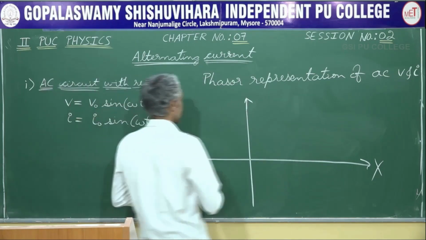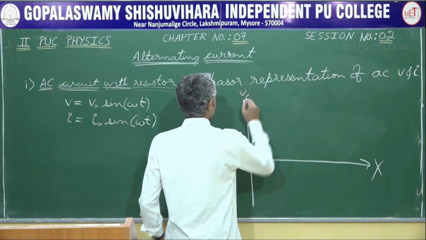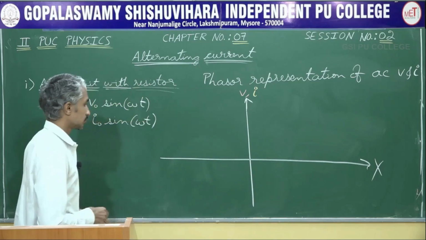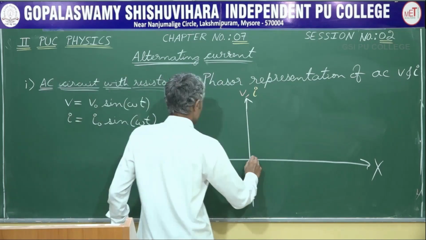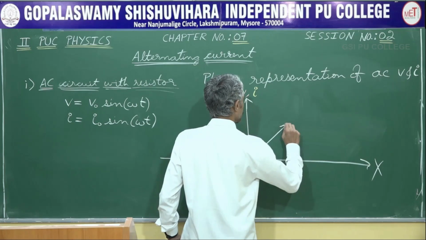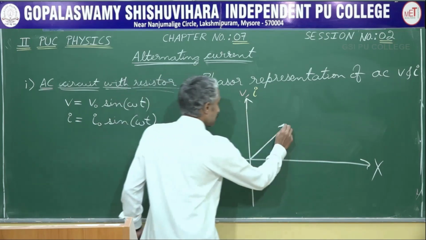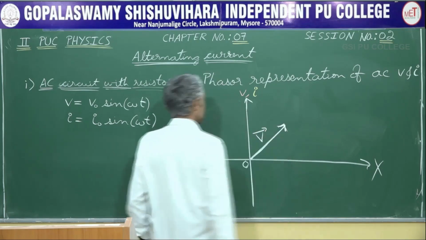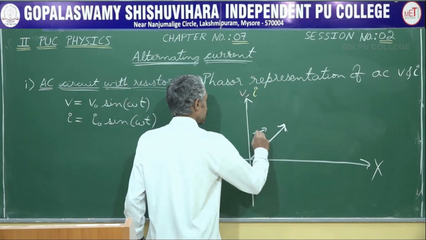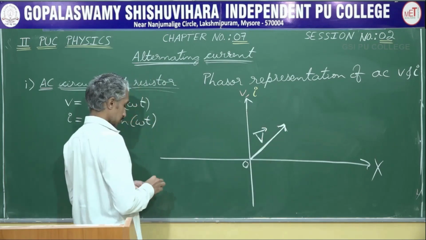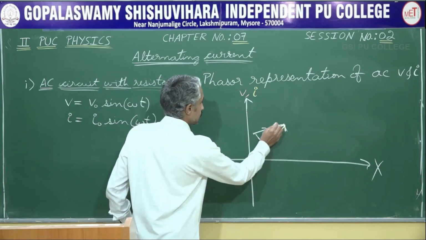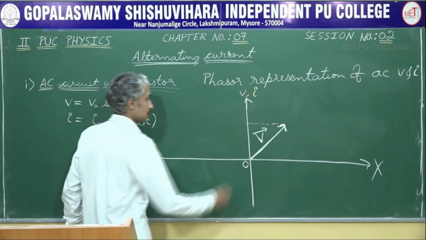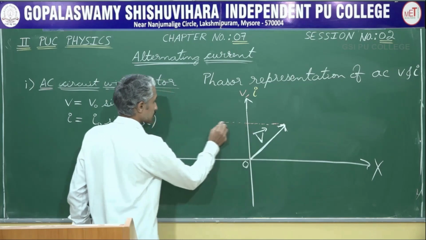Along the x axis, and along the y axis I represent voltage, AC voltage and AC current. So now to represent voltage, I take a vector, let it be represented by capital V in a vector form. Now take this projection on y axis. For convenience, I will take the projection not here, but a little bit extended somewhere here.